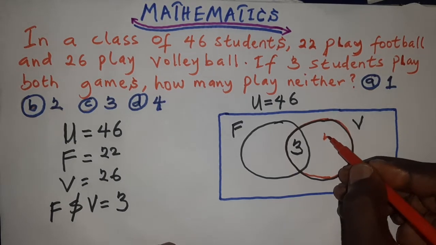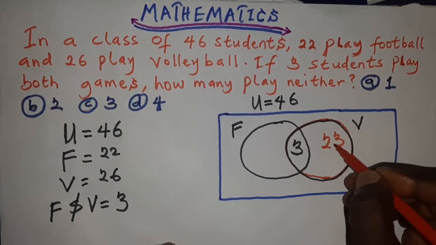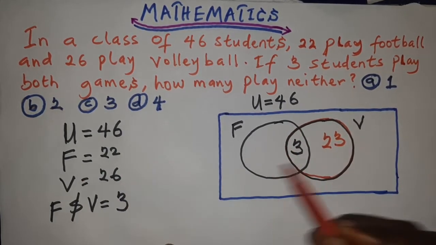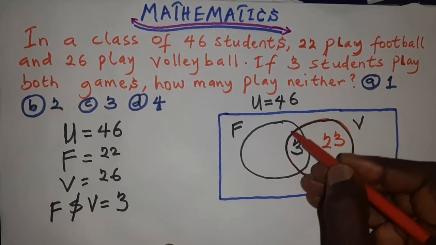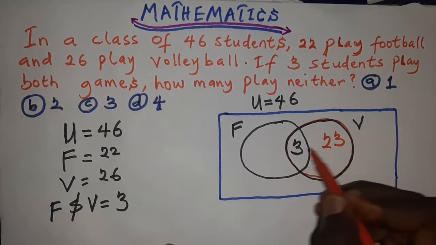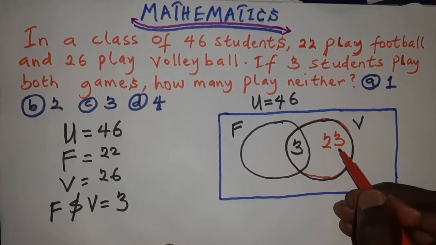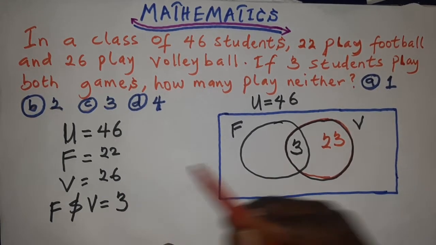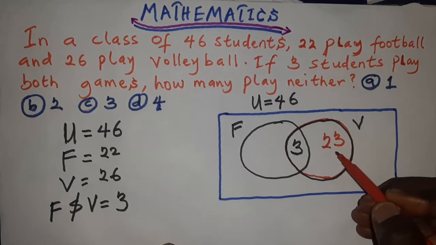So this place will be 23. So now we have 23 plus 3, which is 26. Or we could just say 26 minus this 3 to get this 23 here.